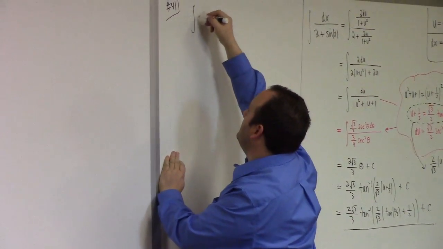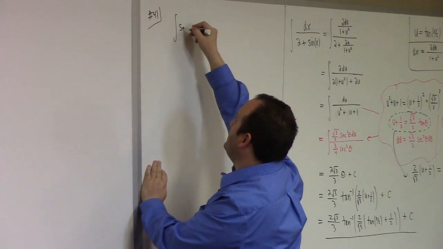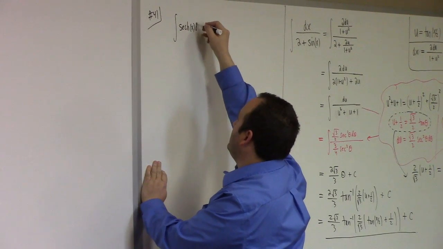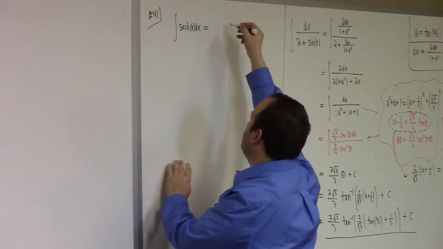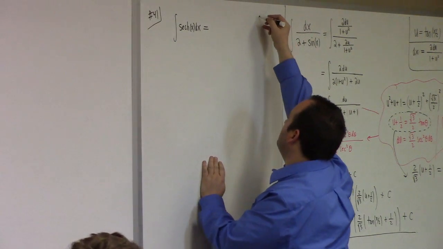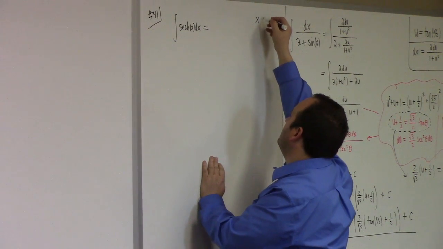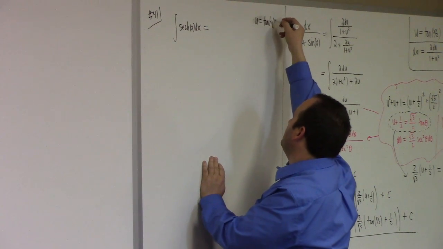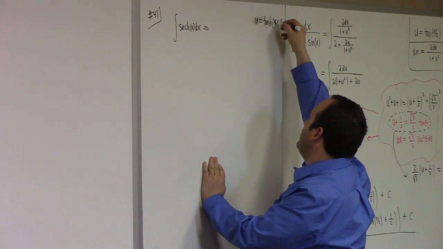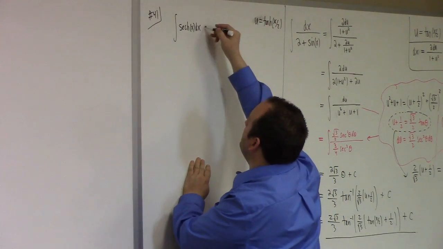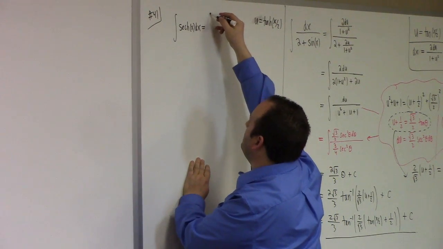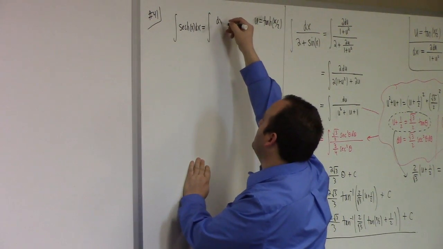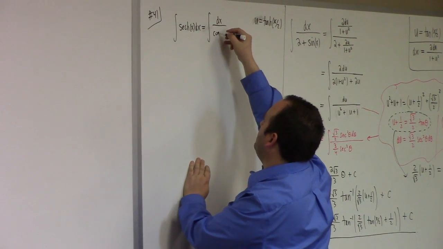So I won't finish it, but for number 41 then, in view of that colossal hint I just gave you, if you look at the hyperbolic secant of x dx, we can write it as what? We let u equal the hyperbolic tangent of x over 2. Once we make that substitution, we get what we just wrote over there. So we can do this. This is actually dx over cosh x, right?